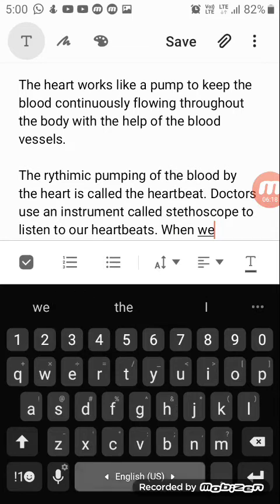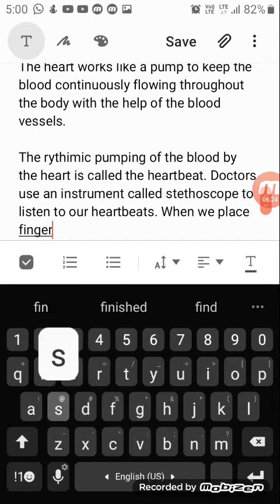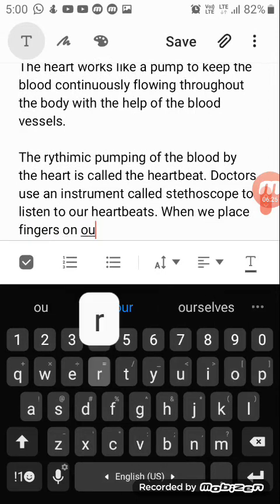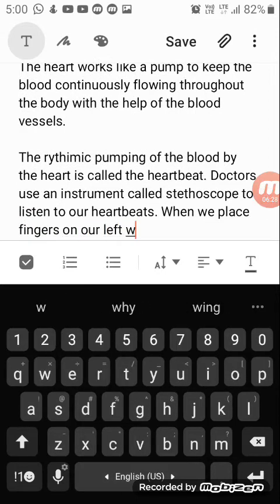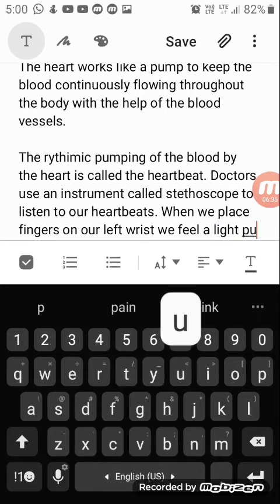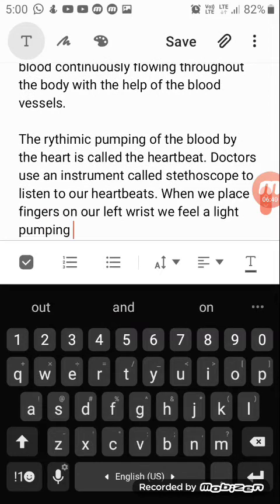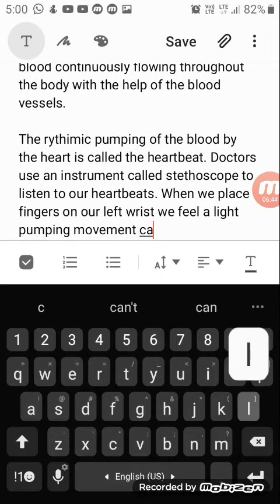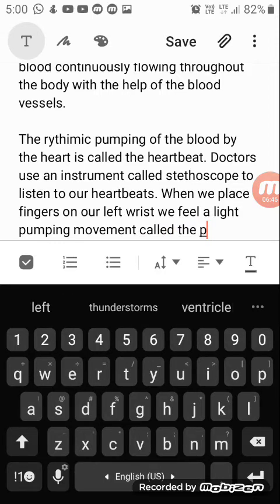When we place fingers on our left wrist, we feel a light pumping movement called the pulse.